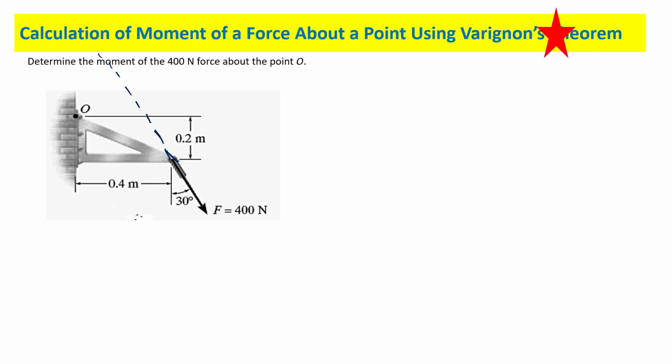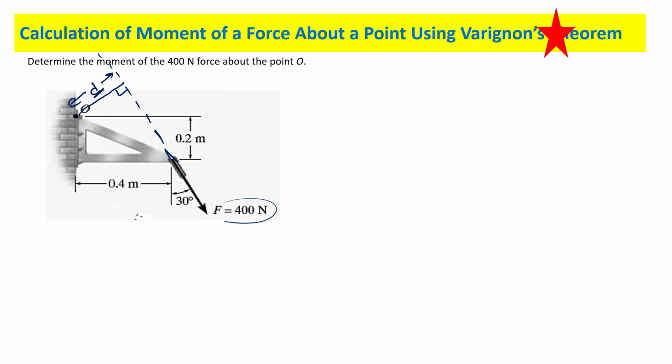And draw a perpendicular line from O, and you need to find this distance. But when you have slanted forces like this, it is not easy to find the perpendicular distance. But there is nothing wrong if you can find it any way, you still can use 400 times d as your moment.